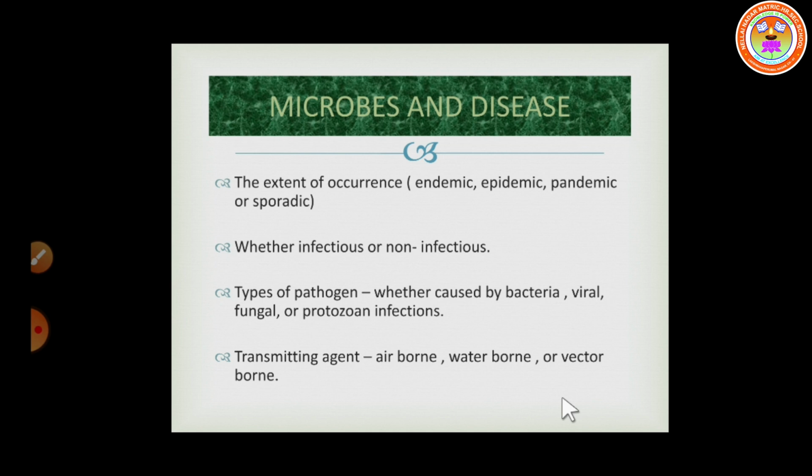So the extent of occurrence is whether they are endemic, epidemic, pandemic or sporadic. Based on these categories only, diseases are classified.